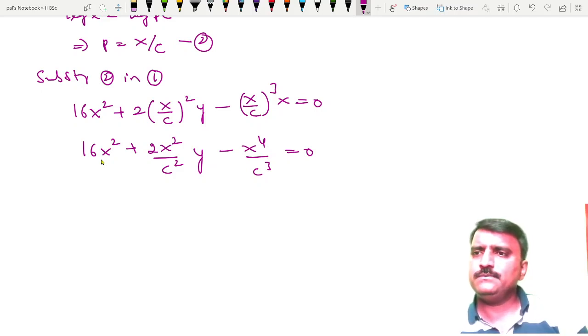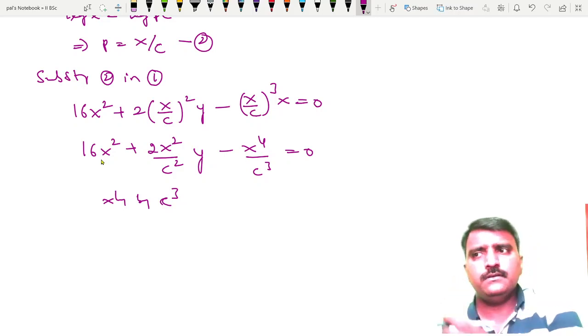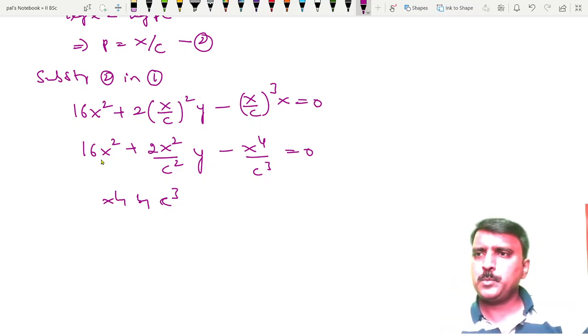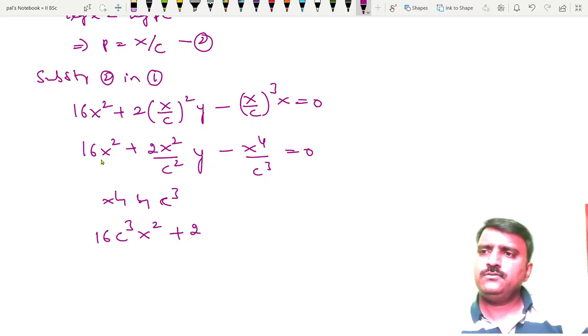Or if you take c cube as the LCM and multiply throughout by c cube, it is 16c cube x square plus, here one c remains, 2x square y into c minus x to the power 4 is equal to 0.